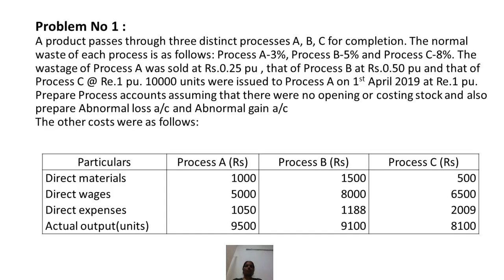Direct wages for process A 5000, for B 8000 and for C 6500. Direct expenses for process A 1050, for process B 1188 and for process C 2009. And the actual output for process A is 9500 units, for process B 9100 units and for process C 8100 units.